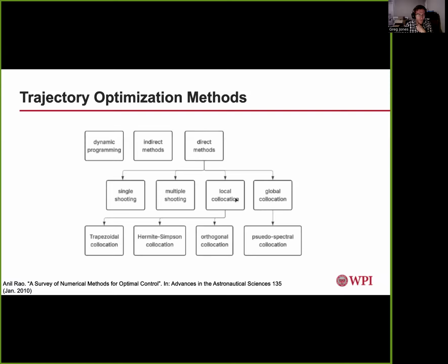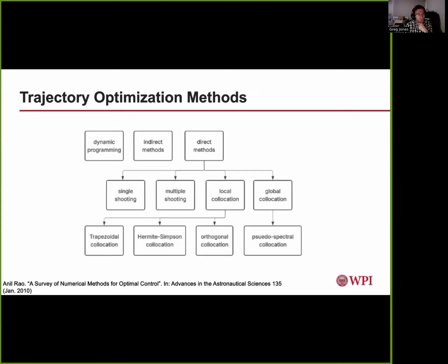So for the local methods, basically the idea there is to, instead of a single polynomial, split the trajectory into multiple segments, and then for each segment you fit a lower order polynomial, which makes it quite a lot more simple to implement.